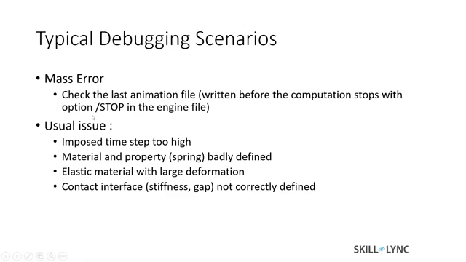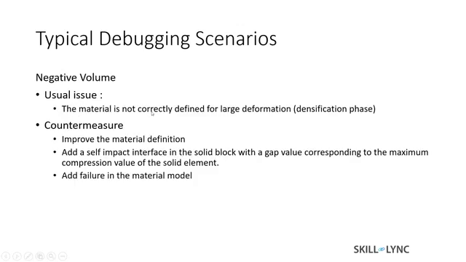Same thing with mass error. If you have mass error, then you should look at your time step as well as material properties around the region with maximum mass error. You can look at the mass error or the added mass using the H3D files. The negative volume is a very common issue among people who are trying to make solid mesh. As long as you are following the best recommended practices for the solid element card, you should be good.